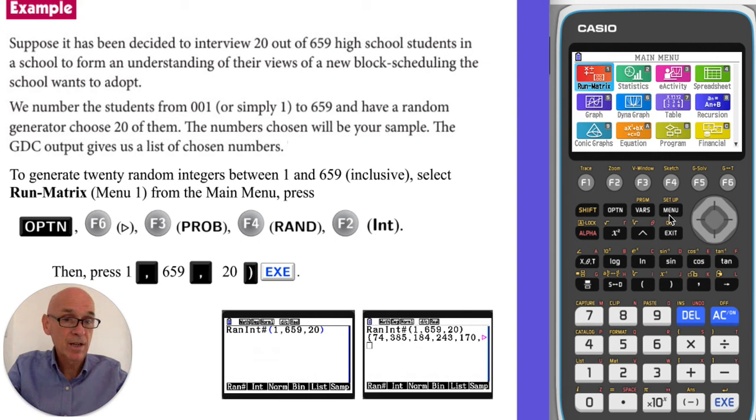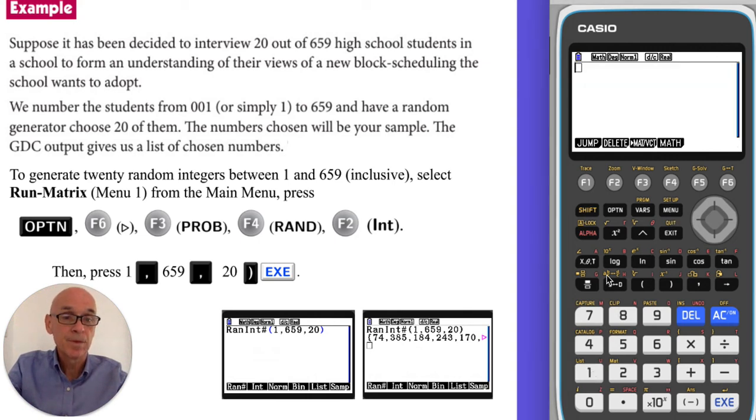On your graphical calculator, go to Run Matrix, menu 1, and press the Option button, and then F6 to tab to the right, and then F3 to get the probability tab, followed by F4 to get the random numbers tab, then F2 because we want a random integer, a random whole number.